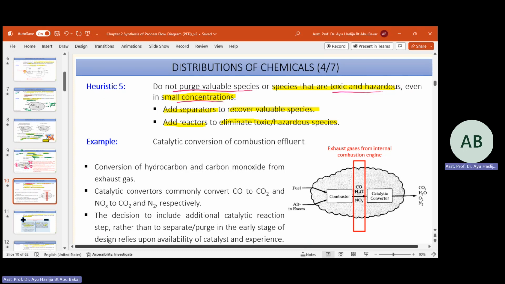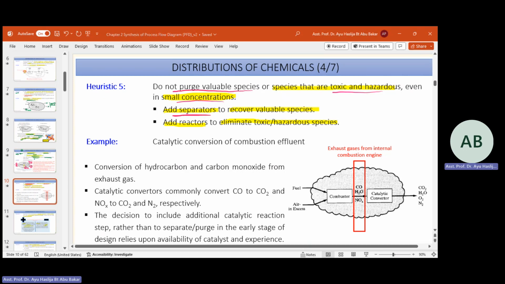Even though small concentration, but your plant is operating 24 hours. So imagine how much Cl2 accumulated in the air if you purge them. Okay, so that one focuses on valuable, toxic, and hazardous.